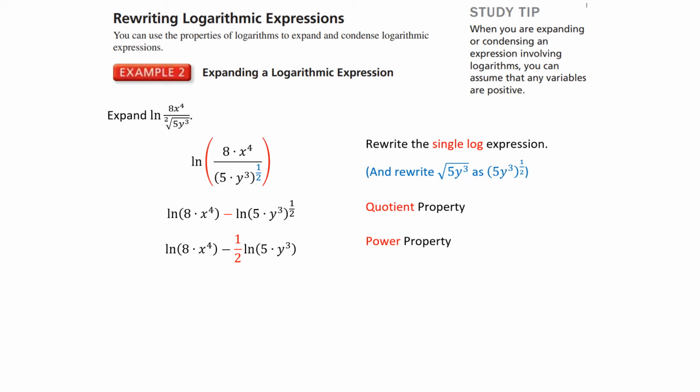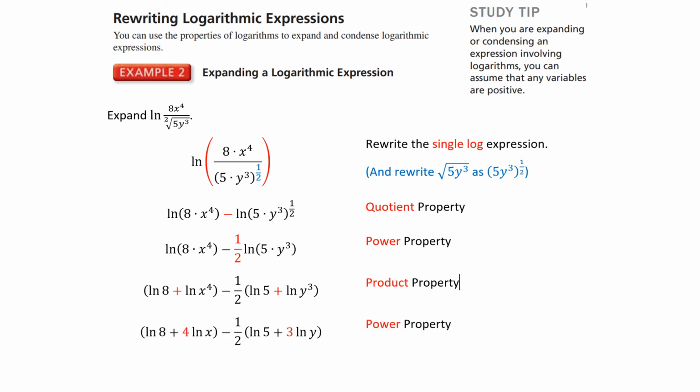Similarly, it's 5 times y cubed. We can expand multiplication by rewriting it as addition. And then we can also now take a look inside and recognize that we have x to the fourth and we have y cubed. So the power property brings both of those down as coefficients.